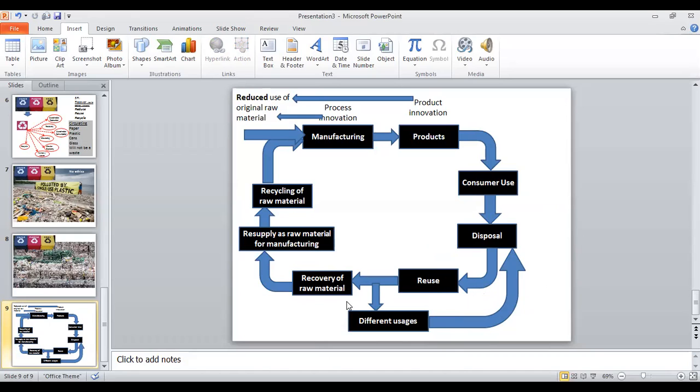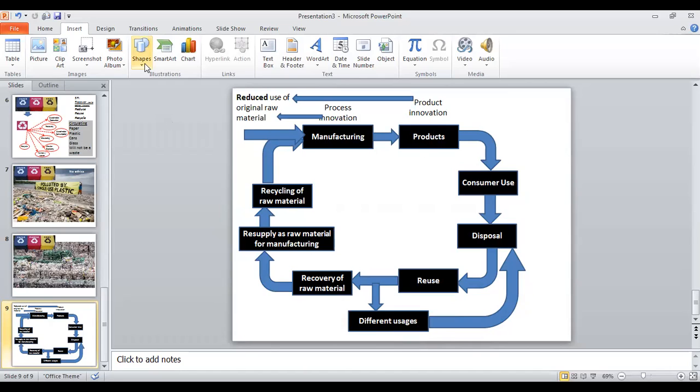Sometimes it can even be reused again. Different usages, disposals. Yes, so you can see all looks like in circulation.